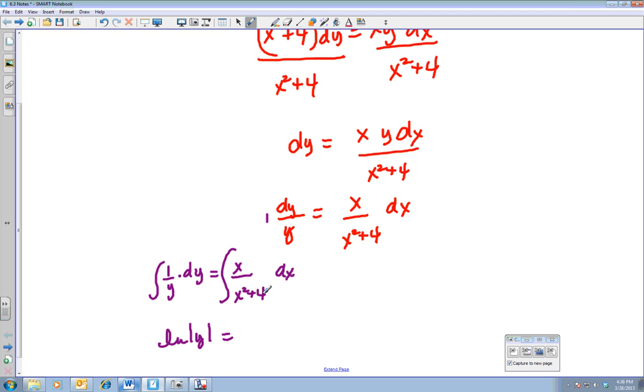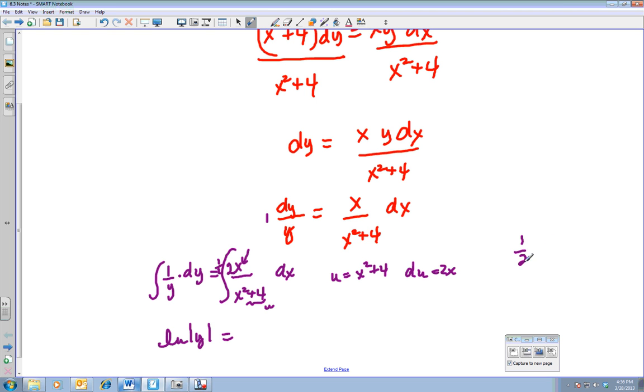When I integrate this, I'm going to have to use u-substitution. If my u is x squared plus 4, du is 2x. Here's my u, and I have part of my du. I'm missing a 2, but I can put the 2 there as long as I put the 1/2 out in front. So I'm going to rewrite this part over here.